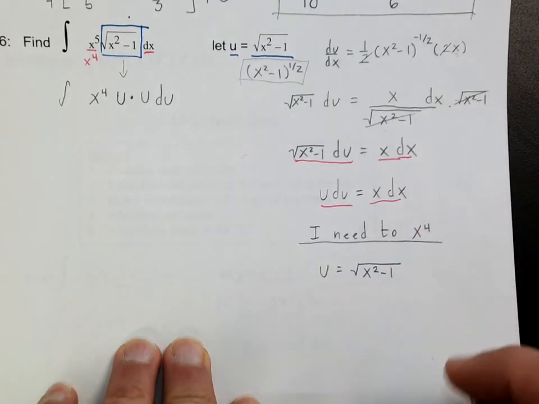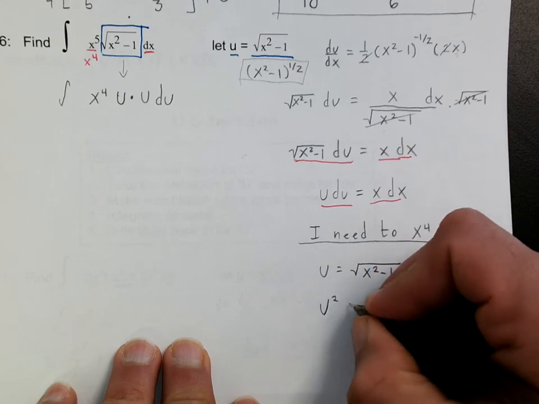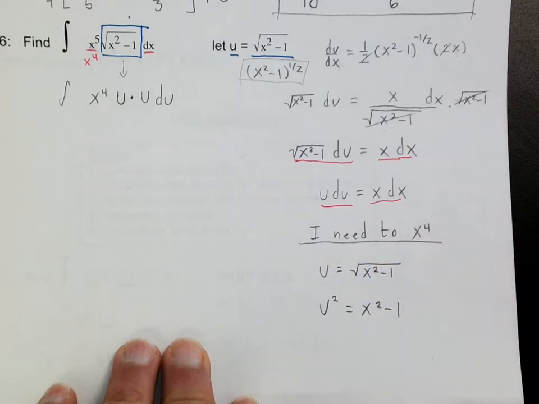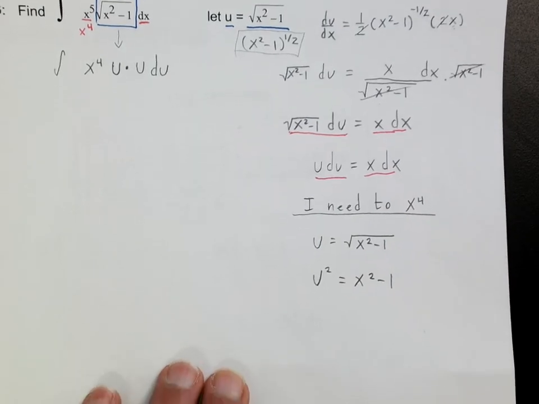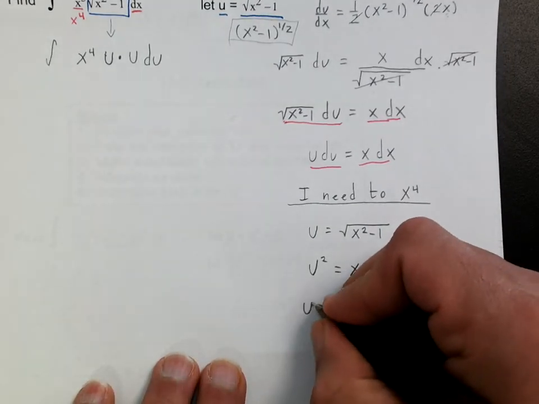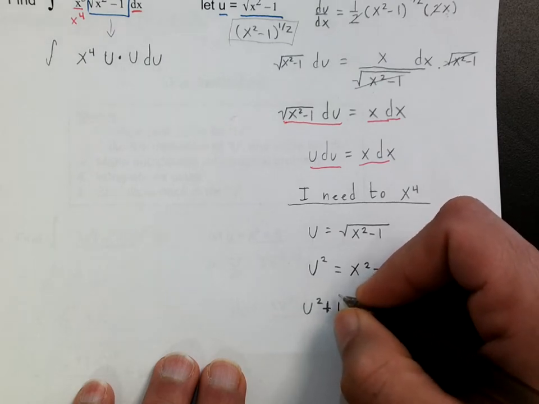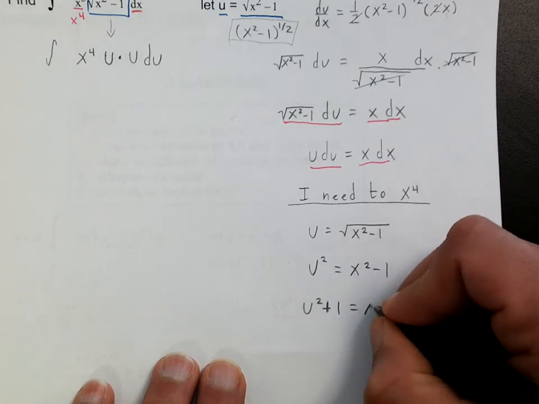If I square both sides, I get u squared is equal to x to the second power minus 1. Right, now I'm going to add 1 to both sides, so I have u squared minus 1, plus 1 is equal to x squared.